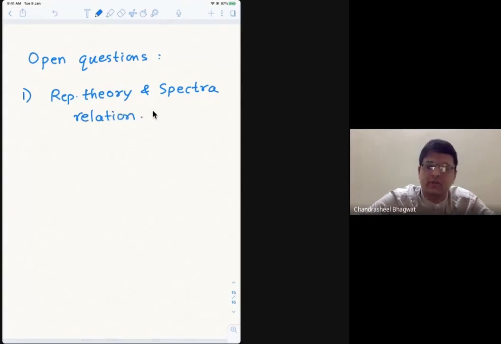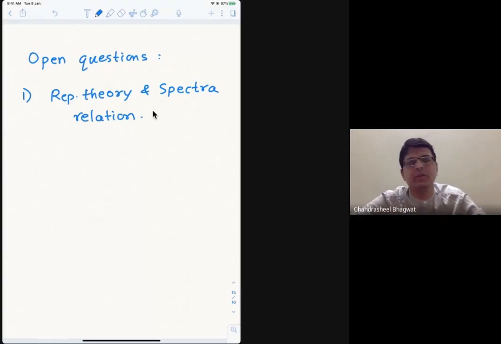I'll not write everything here, but there is something called the representation theory of a group, and there is something called spectral theory of differential operators. In how much generality do they determine each other? If you know everything about spectra, do we know everything about representations? If you know everything about the representation theory of that group, then do we know everything about the associated Laplace spectrum? These kinds of questions.